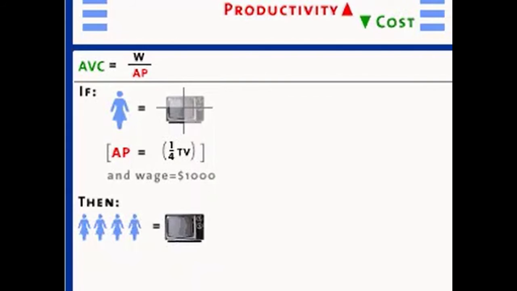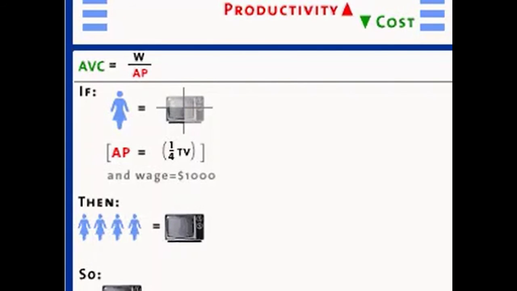If, however, one worker can produce half of a television set, then it's only going to take 2 workers to produce a whole television set, and that means your average labor cost is only going to be $2,000 per television set. The more workers it takes to produce a television set, the higher your cost.